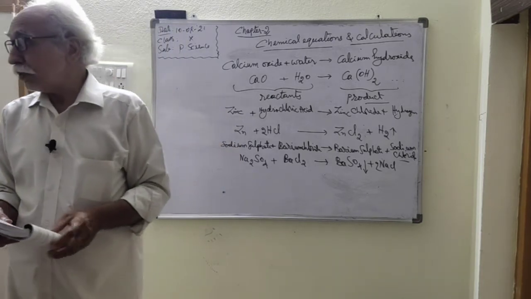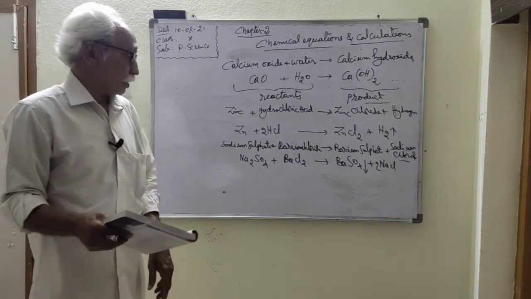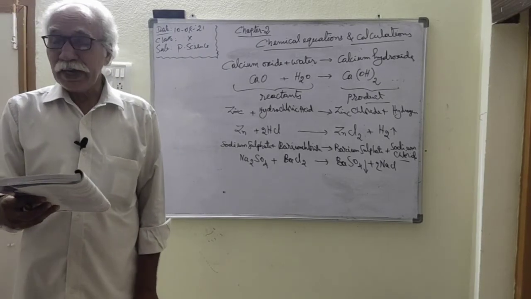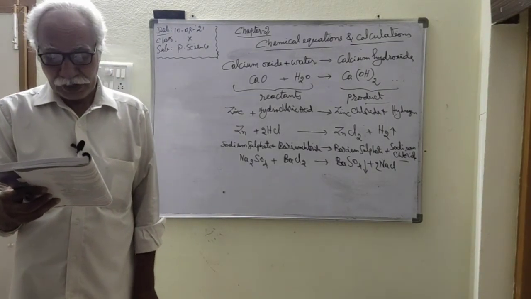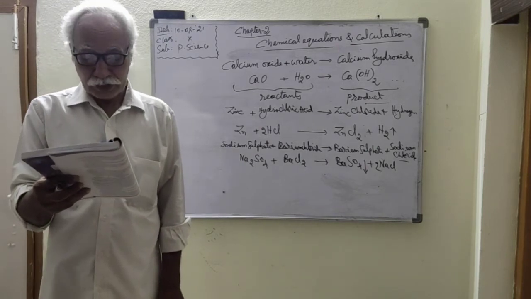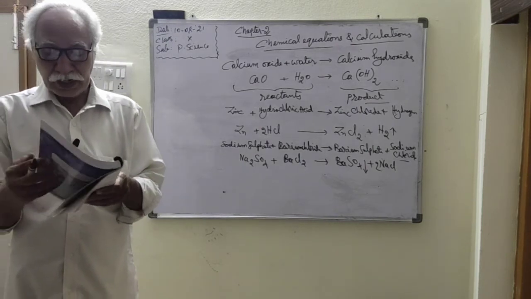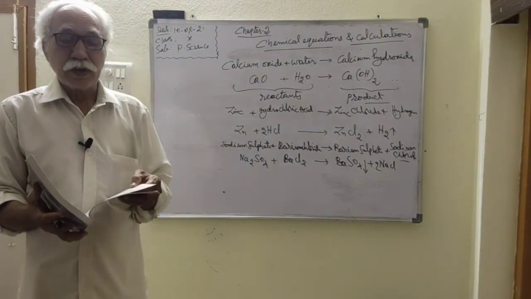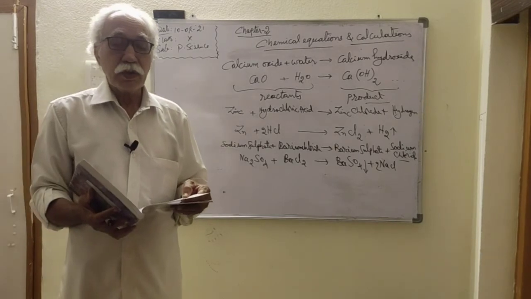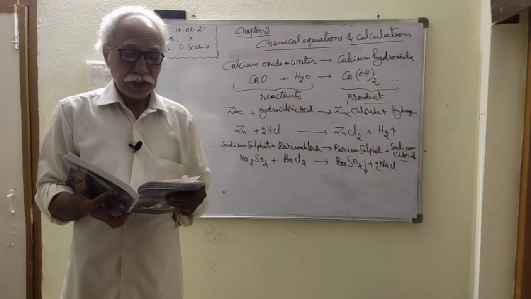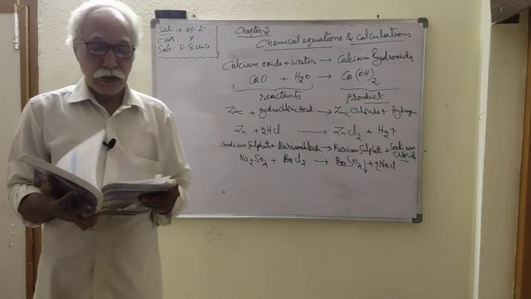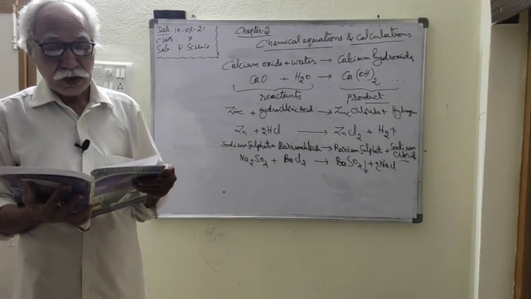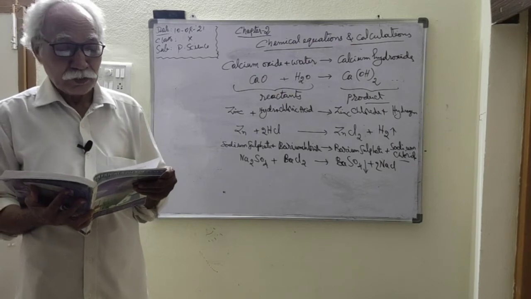So next, one more word is called formula unit. What is a formula unit? Balancing a chemical equation involves finding out how many formula units of each substance take part in a reaction. Formula unit means how many individual ions are present in the chemical formula.